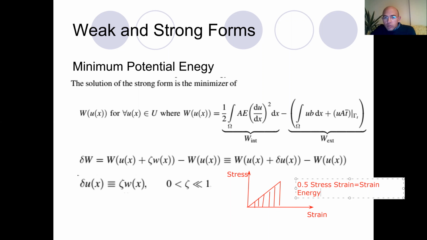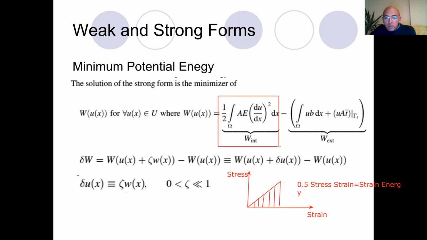And remember that epsilon is du dx. Then you arrive at this expression. This is the internal energy or strain energy in general. This is the energy stored inside a structure when you apply a stress on it, when you deform it.